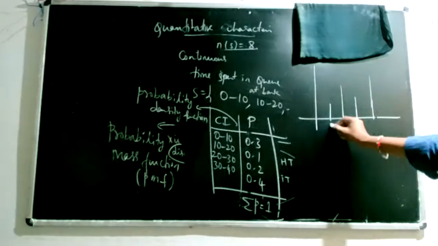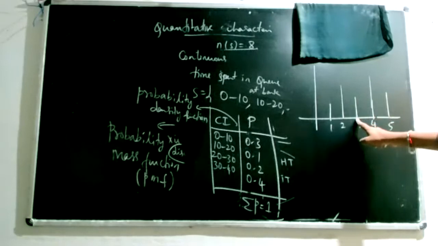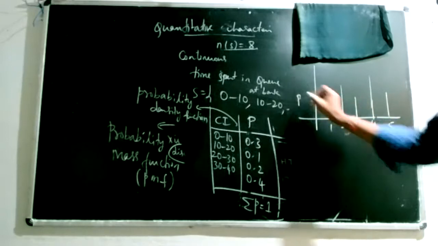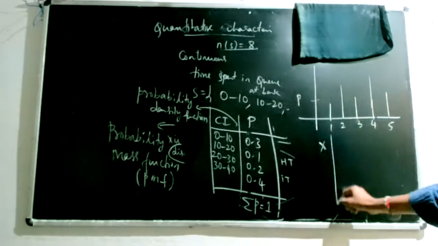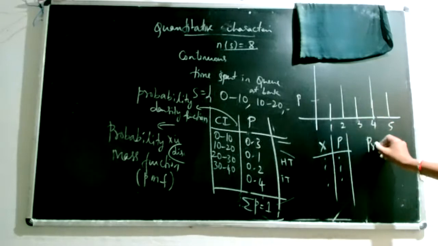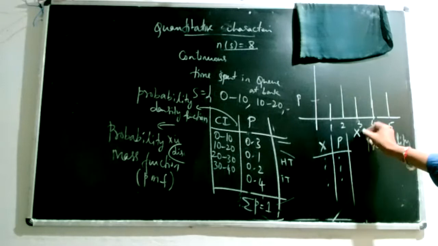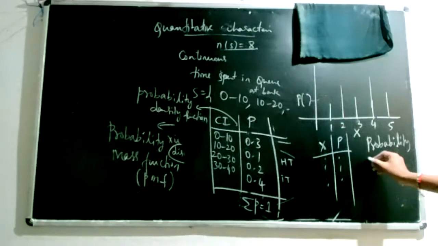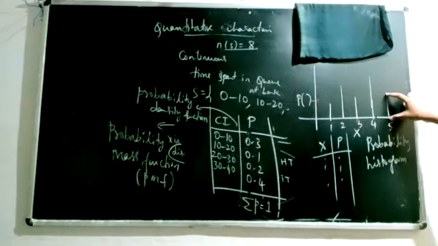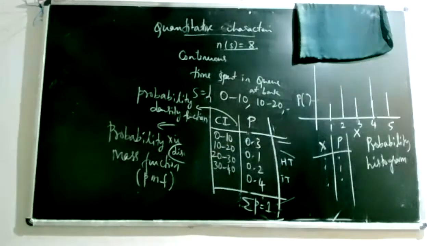Since these are discrete cases, the width of the rectangle is just 1, so it is basically a straight line, and your height is your probability. If you have a discrete probability distribution, you can create what is called a probability histogram, taking your x values on the x-axis and probability values on the y-axis, and each bar indicates the mass of the probability. That's why it is called the probability mass function.